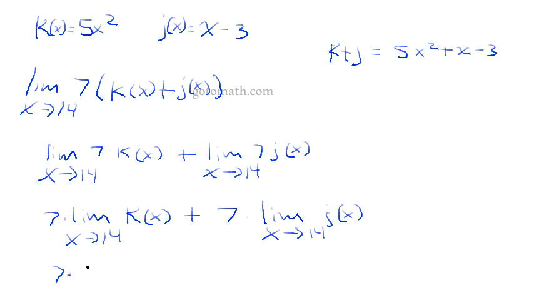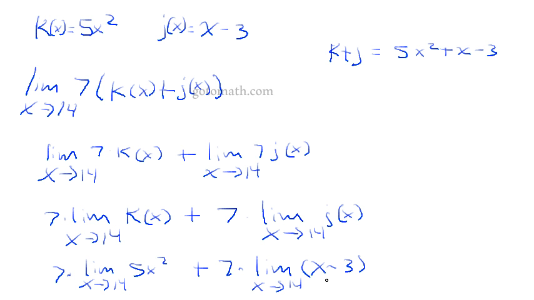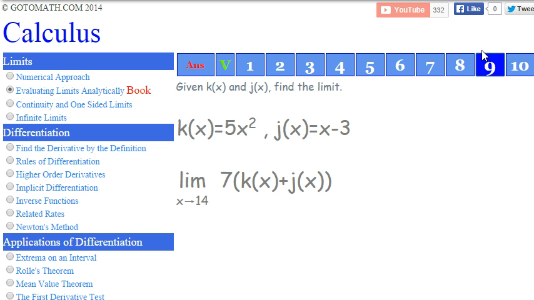So this becomes, right here, we would just go the limit as x approaches 14 and put 5x squared in here times. I mean, this seems like the long way of going about doing this problem, but like I said, we're just looking at the properties basically in this section here. All right, and so I would suspect that you just plug the 14 in, then get your answer multiplied by 7. Okay, let's see what I actually do here.